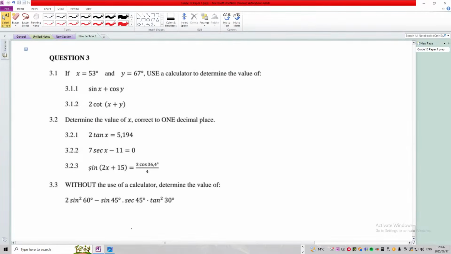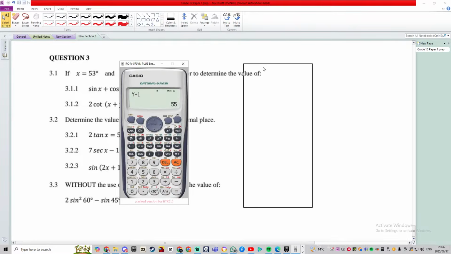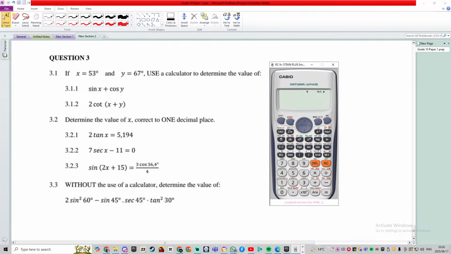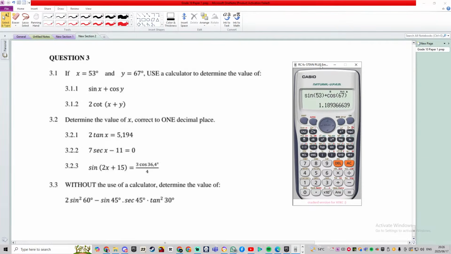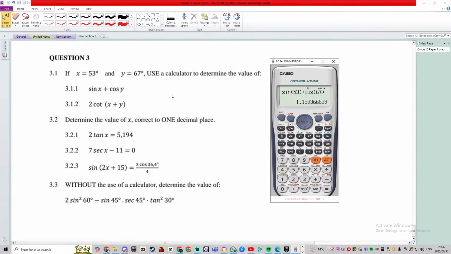Okay, this one. Yeah. When you see the words use a calculator, you fetch your bestie. Yeah. Sine x. Simple. Sine x. X has been given 53. You put 53 in there. Plus cos y, 67 being given.